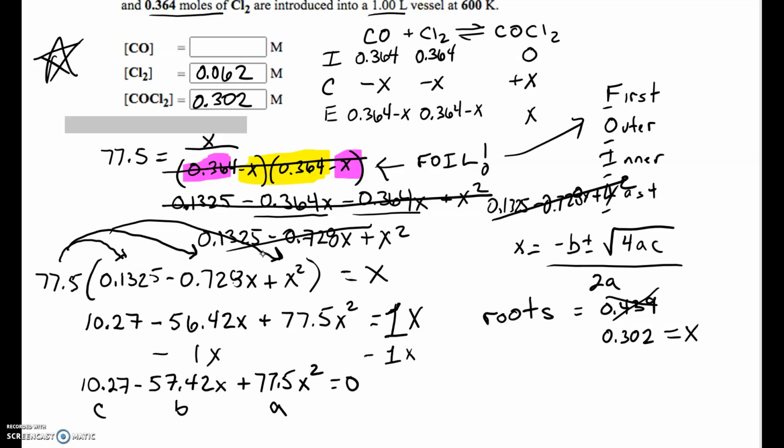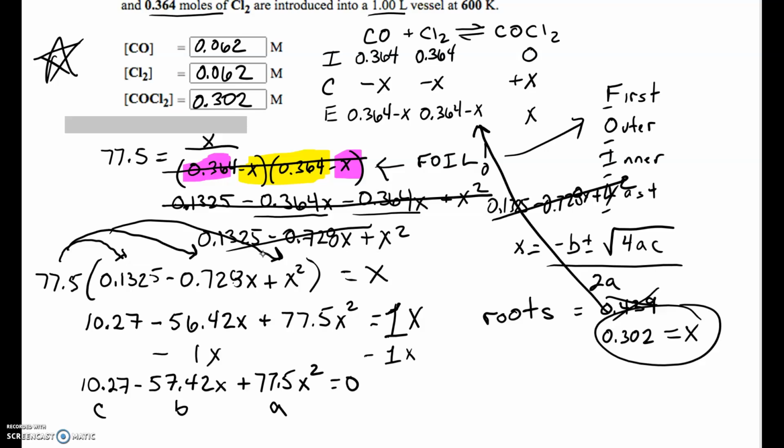What I did is I put my x value in for x, so I went 0.364 minus 0.302. Same thing for the CO, that's going to be 0.062. And there you go.